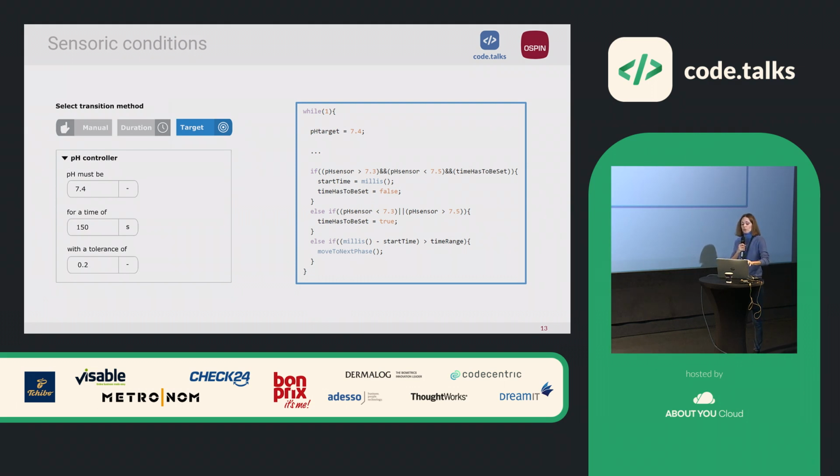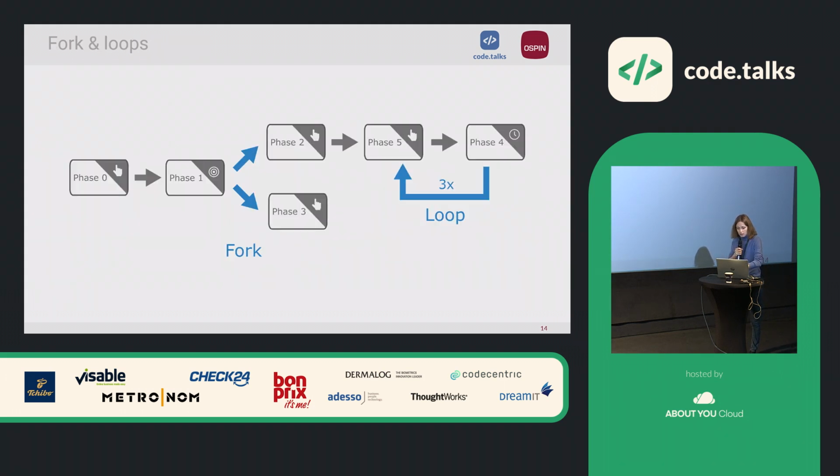And doing that is nothing else, in programming, than reading a variable and saying, okay, if the value of the variable is that, then do this. If the value of the variable is something else, then do that, and so on. And if we have conditions on our variable, then it's also easy to fork the program execution, because I can say, okay, if the pH is that for at least this amount of time, then go to phase 2 in this example.